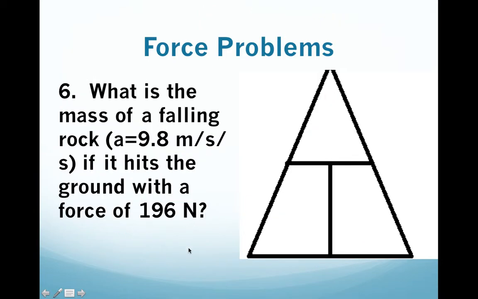Let's take a look at this one, which on your worksheet is problem number 6. They want to know what is the mass of a falling rock, where the falling rock accelerates at a rate of 9.8 meters per second squared if it hits the ground with a force of 196 newtons.